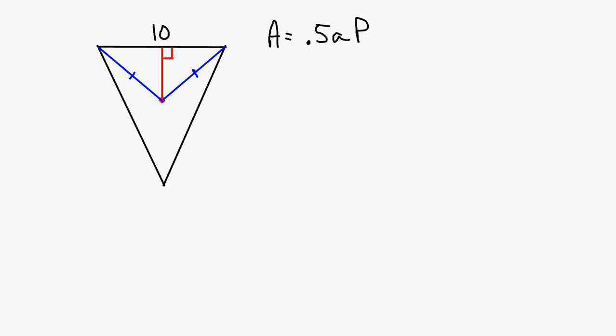The central angle in a regular polygon is equal to 360 divided by the number of sides. In this case, we got 3 sides. So the central angle, the angle of the two radiuses, is 120 degrees. Now, the apothem bisects that angle.